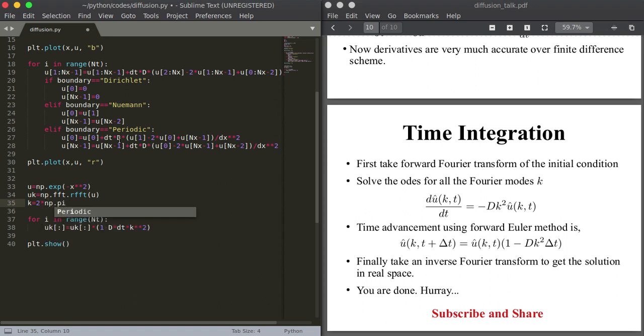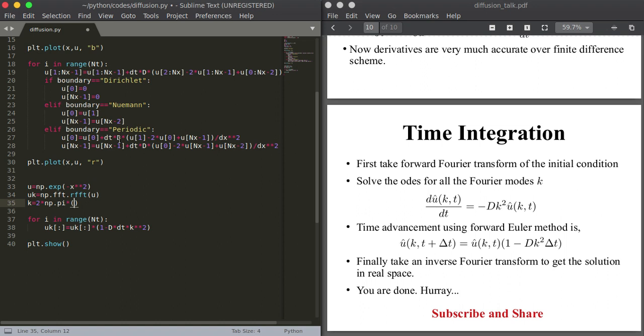There is another inbuilt function called fftfreq, which gives you the wave numbers if you multiply with 2 pi, depending on the grid size.